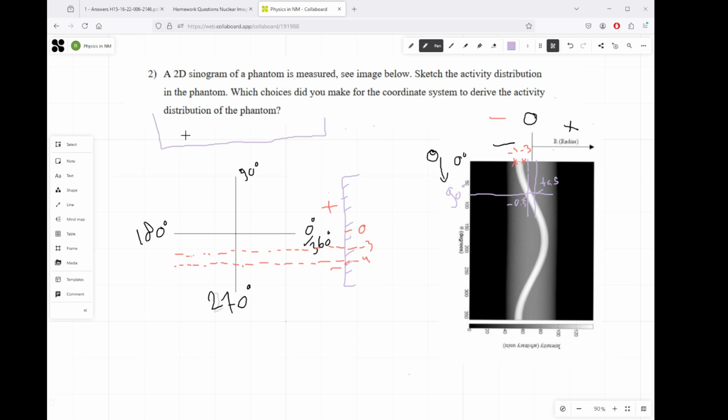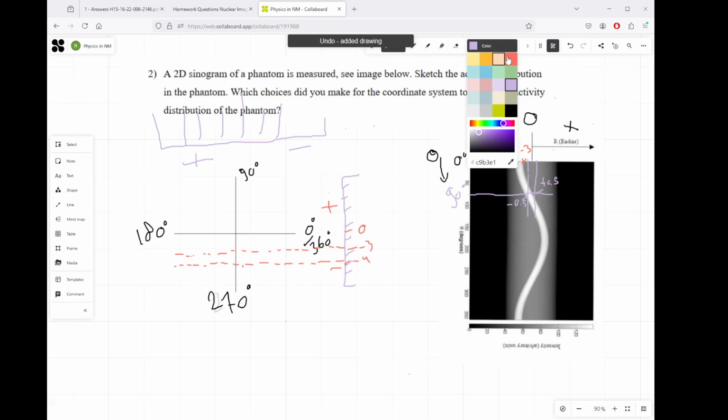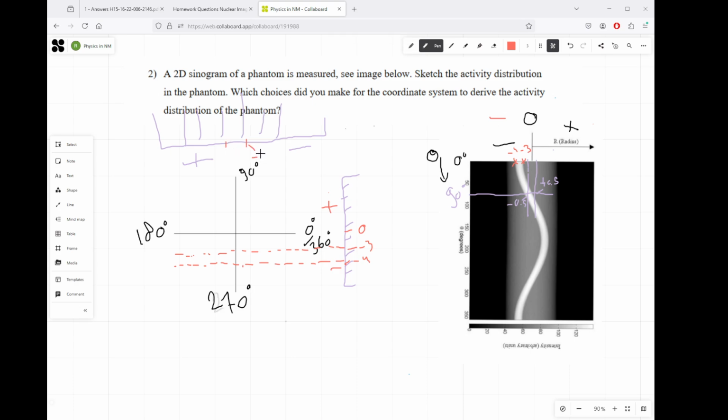So let's draw in the detector again. Minus here, plus here. A bit better. Plus here. Then somewhere at minus a half, I think it's somewhere here, and plus a half, I think it's somewhere here.